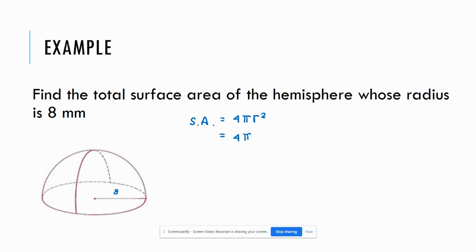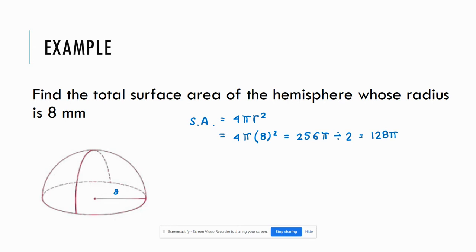So 4 times pi times 8 squared, well, 4 times 8 squared would be 256, and there's still pi with it. But remember, I'm talking hemisphere. Hemisphere is half, so I'm going to cut that in half. When I divide that by 2, I have 128 pi.